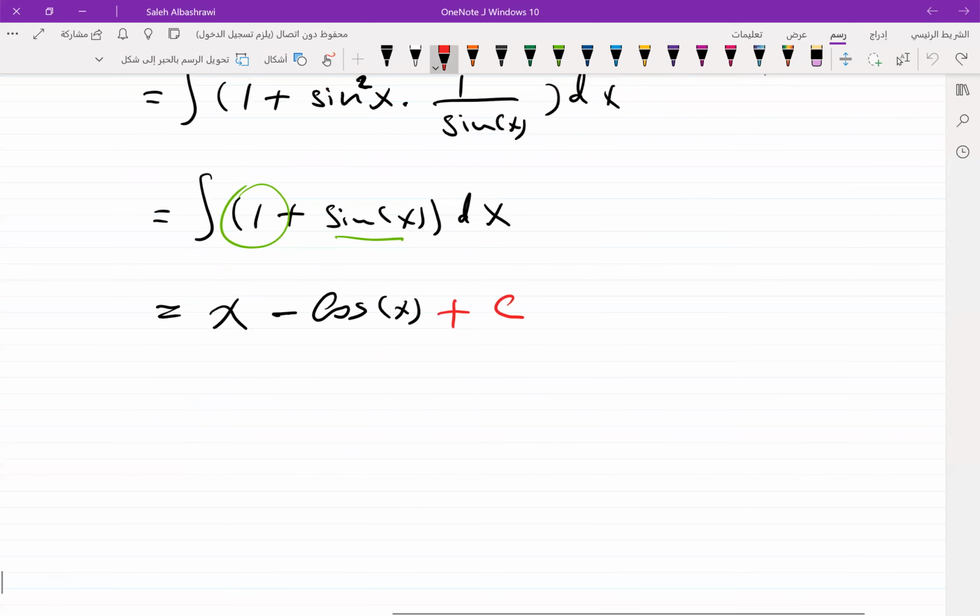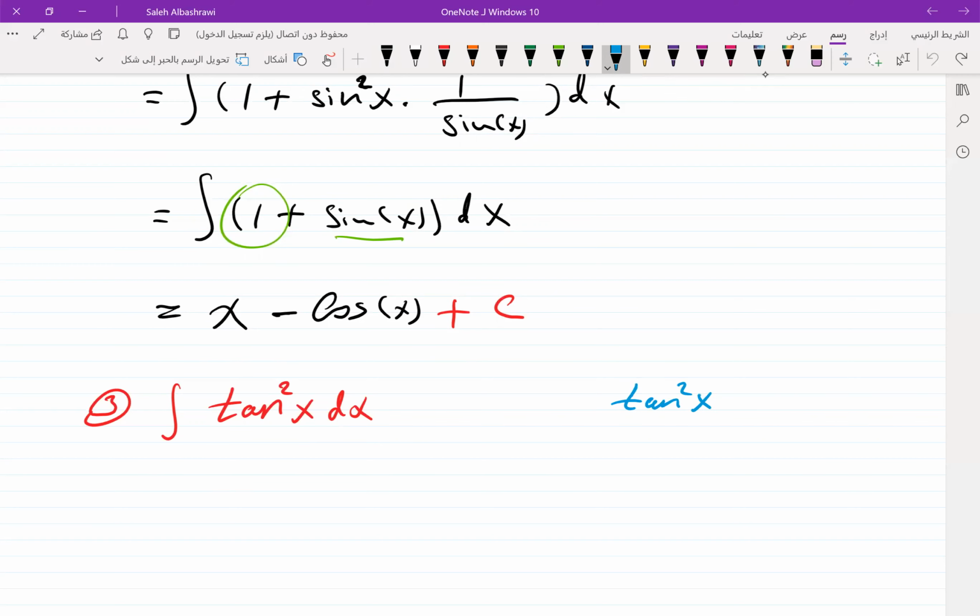One more, number 3. Integration of tangent squared. I don't have a direct function that, when I differentiate, I will get tan squared. So for the tangent squared, we can use the identity. We know that tangent squared equals secant squared x minus 1.